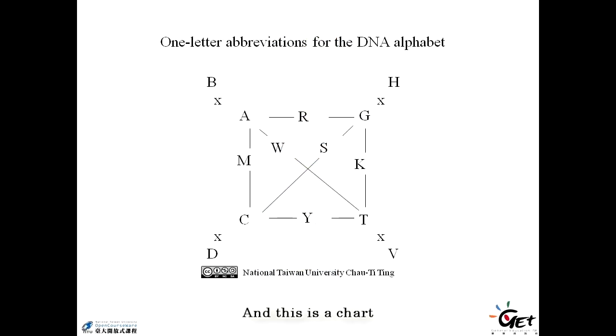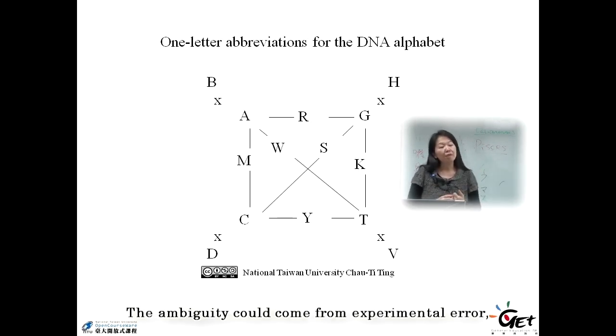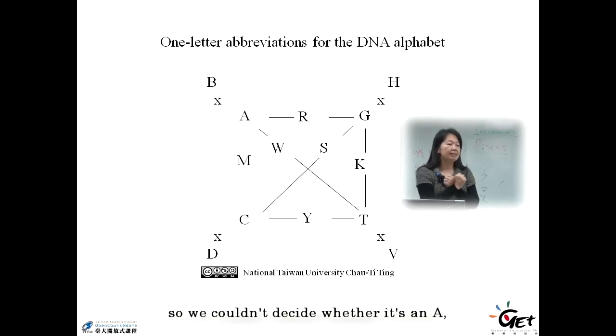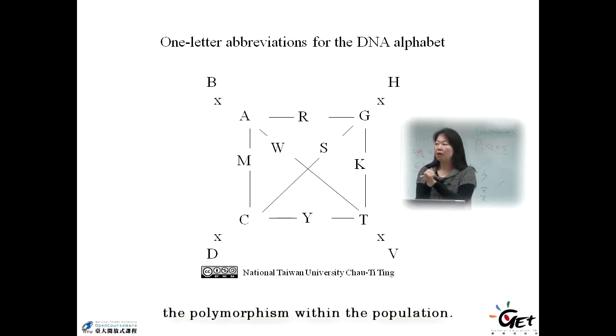This is a chart you can check on the internet, but I put it this way because I learned it from my colleague. We usually consider the 4 different base pairs, but in our analysis, sometimes one particular site has what we call ambiguity. The ambiguity could come from experimental error. Sometimes our sequence is not accurate enough, so we couldn't decide whether it's an A or a G. The other could come from polymorphism within the population.